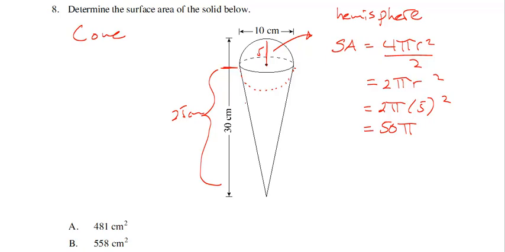So if we want to find what this slant height is here, because you might recall that to find the lateral area right here, I'll write maybe the surface area of the cone. It's just the lateral area of the cone is pi times r s, where s is the slant. So we know that we have pi, we know that the radius is 5, but to find that slant height, we got to do a little bit of work.